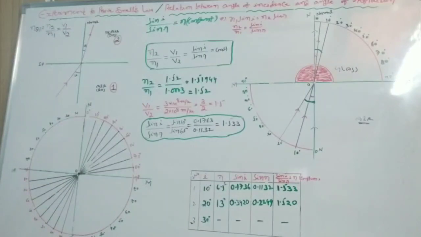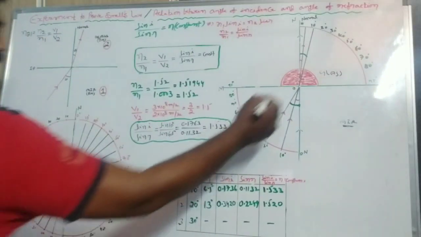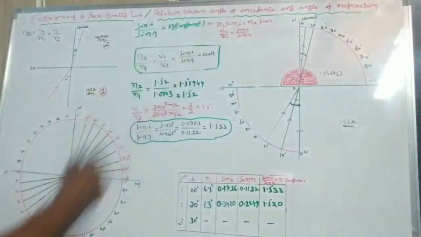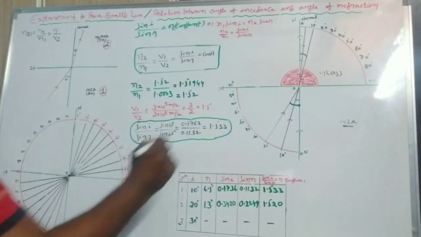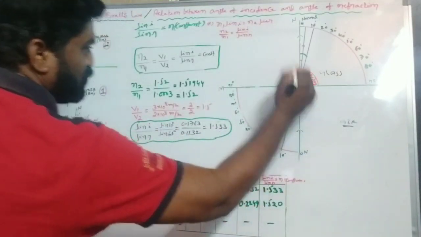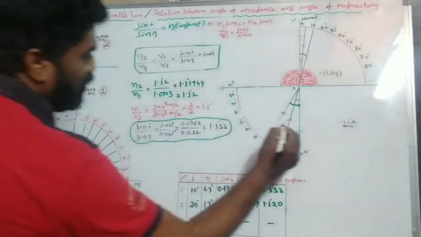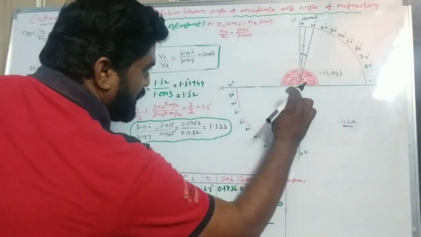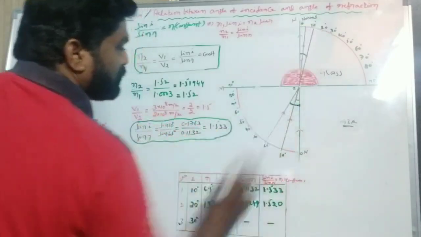Next, send laser light along a line which makes an angle of 5 degrees, 10, 15 or 20, whatever, with NN, and see that it must pass through the point O. Measure its corresponding angle of refraction. This is the incident ray, and now it is refracted.